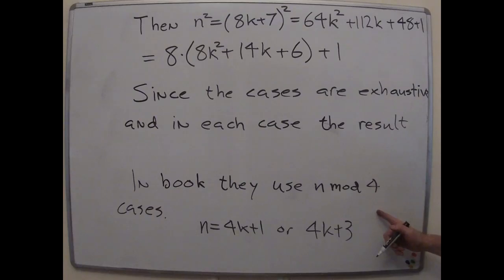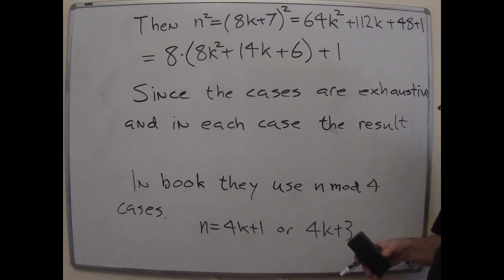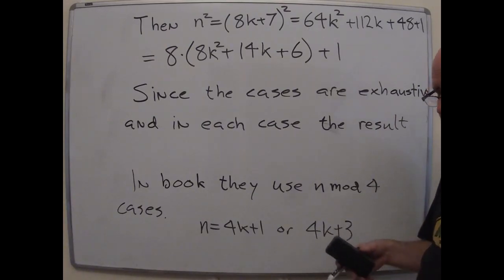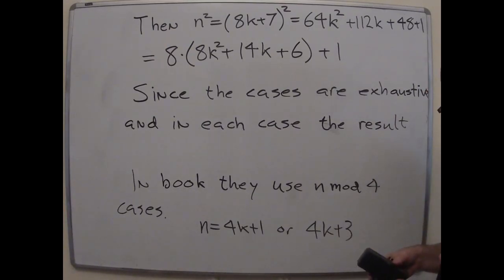So that's something to always be looking for. If you've got a proof, and sometimes the most obvious version of cases is cumbersome, look for a smaller modulus or a smaller quotient remainder theorem instance that will let you get the same thing accomplished but with less work.